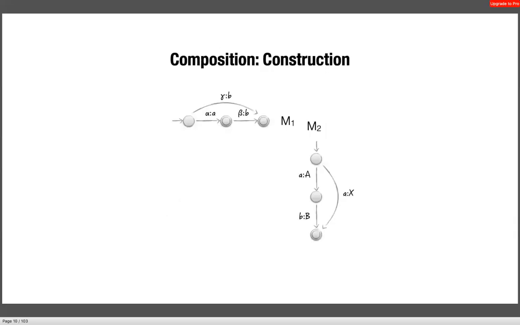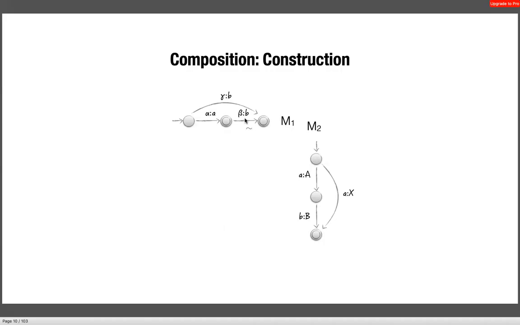Now, how can we think about constructing this composed machine? Let's start with a working example. This is the first machine M1 and this is your second machine M2, and you're going to try and compose M1 with M2.